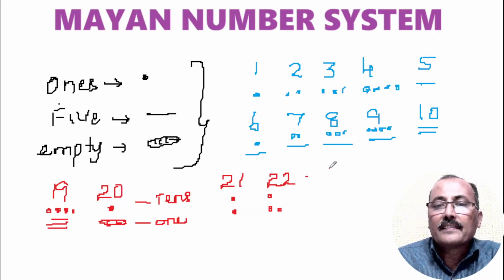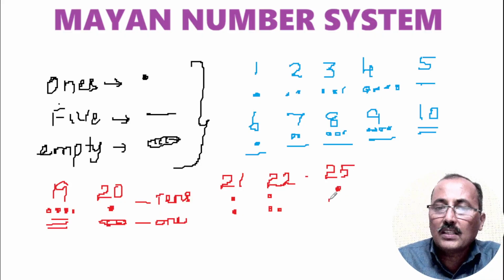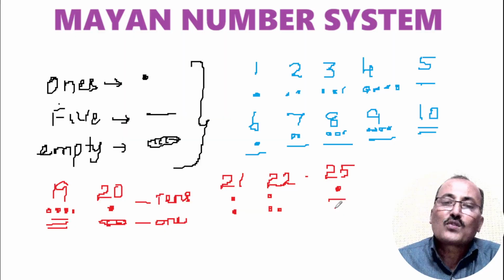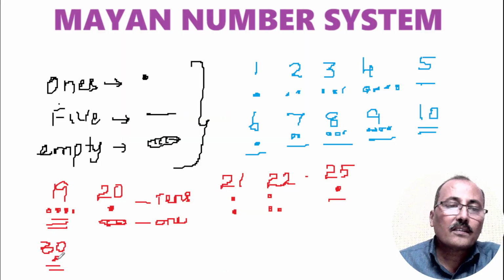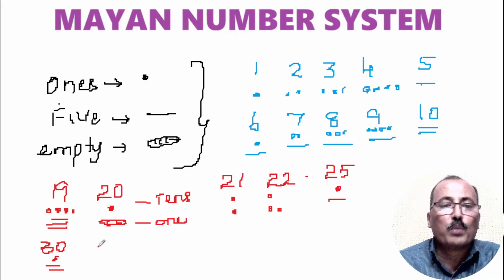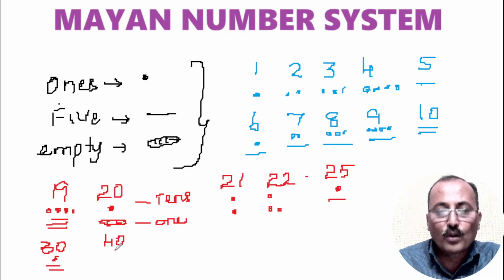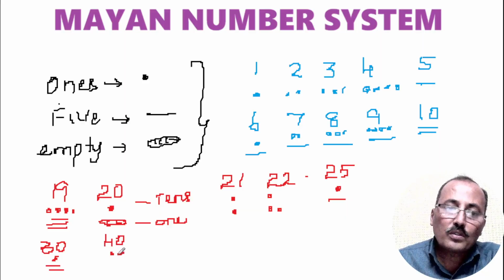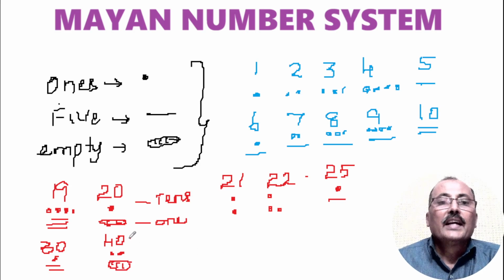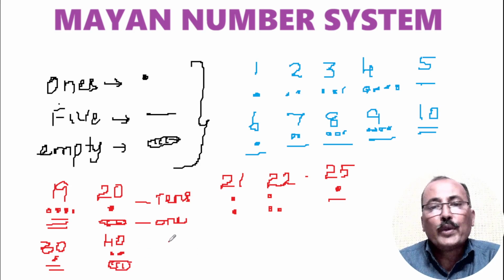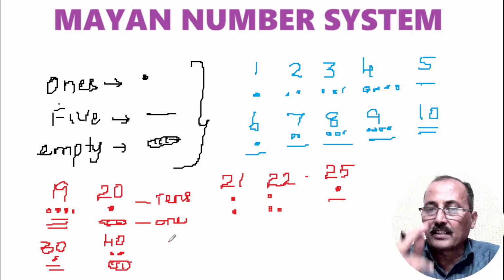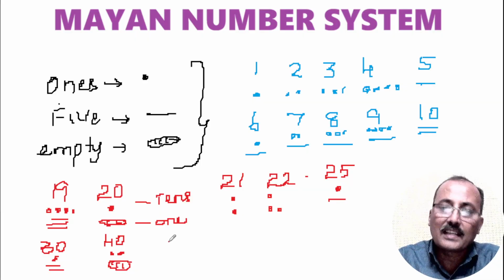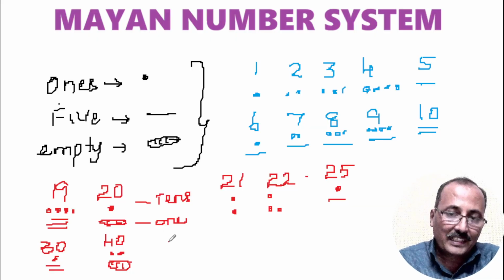For 25, it is nothing but 20 and 5, 20 plus 5. For 30, it is 20 and 2 bars. Then for 40, it is 2 dots and a placeholder symbol. That's all, it is 40. That means we use a base 10 system, 10, 20, 30, 40, but here it repeats in 20s: 20, 40, 60 and so on.